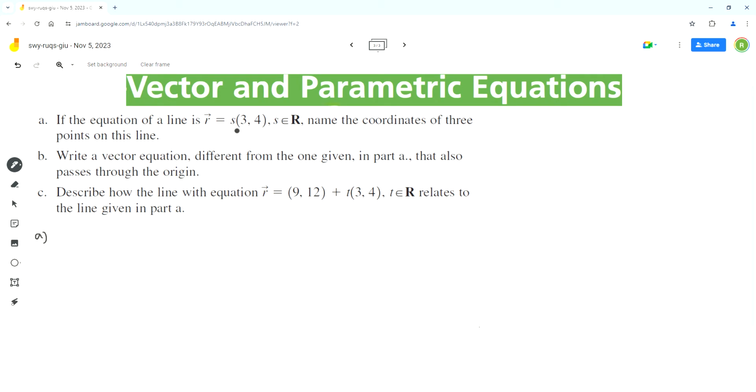So we are given the equation of a line in vector form. The general equation of a line in vector form is r equals r0 plus t times the direction vector. Now in this given equation there is no vector r0, and r0 represents a known point that lies on the line.